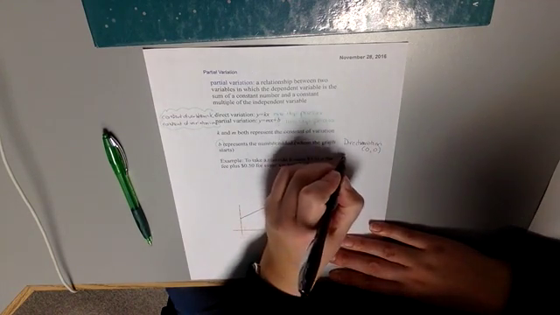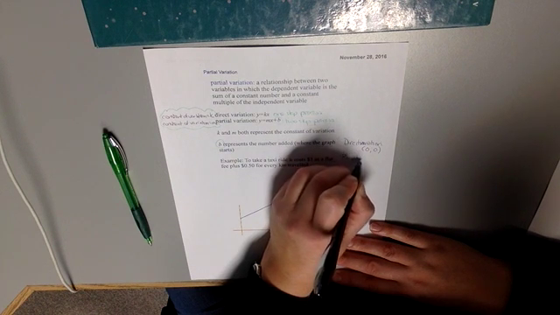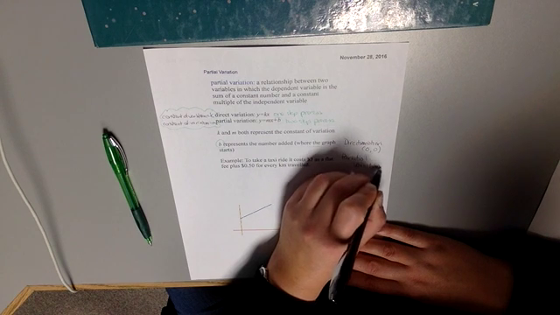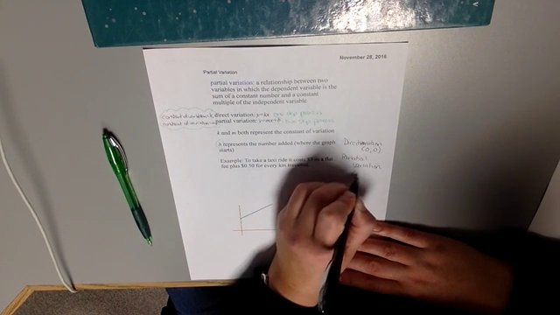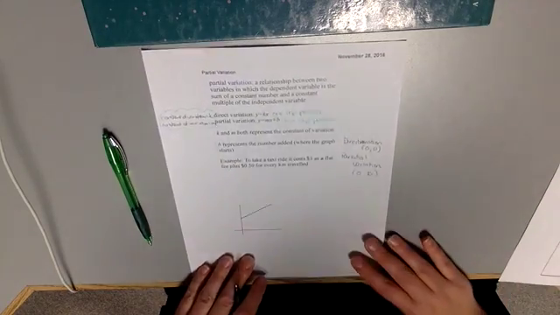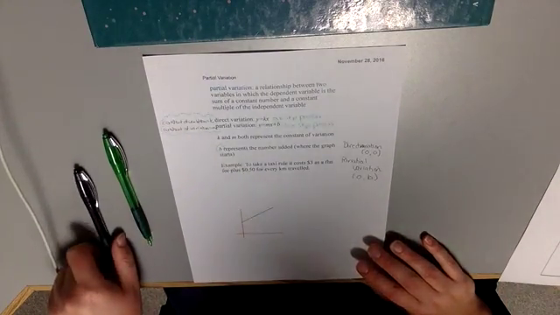When we're looking at partial variation, the graph is going to begin at b.